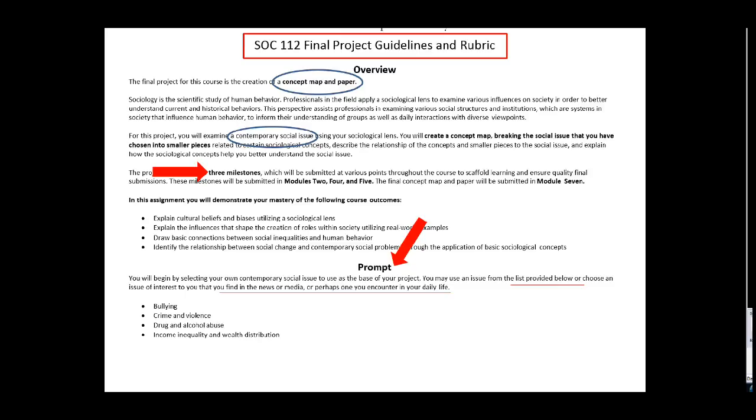These are all things that I'll talk a little bit about in the next slide. But in this prompt, it's saying that you can choose your topic based on something on this list below, which just gives you some ideas, or something maybe that is of interest to you, or something maybe that's connected to your field of study, that is sociological in nature. And certainly I am available to help troubleshoot you with this and to help brainstorm different things that you can do.